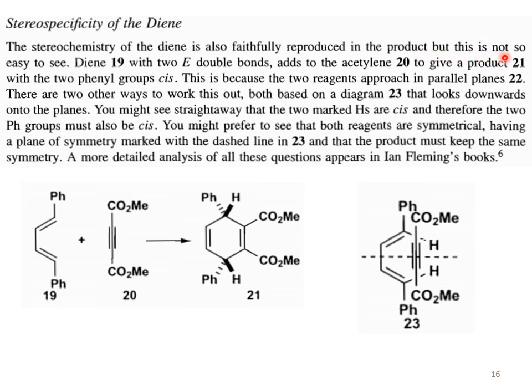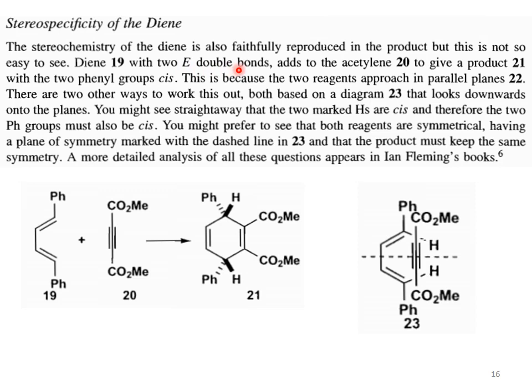See this one. See, this is hydrogen and this is hydrogen. The two hydrogens are trans to each other. So this is an E double bond, and see over here, this is hydrogen and this is hydrogen. This carbon has the hydrogen, this carbon has the hydrogen.